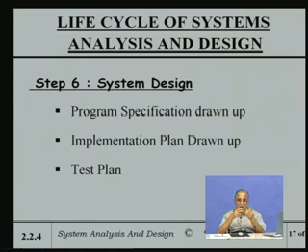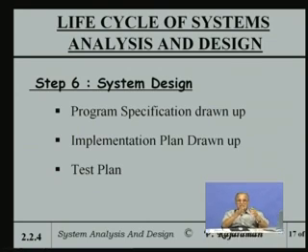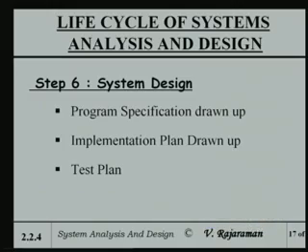In other words, implementation plan again is some kind of a chart which will say how much time is assigned for each of these tasks. So you always work backwards. You contracted with the organization that you will finish the job in 8 months. So if you have to finish the job in 8 months, you work backwards with something called a PERT chart or a CPM chart, and you look at all the tasks starting from 0 to the end.